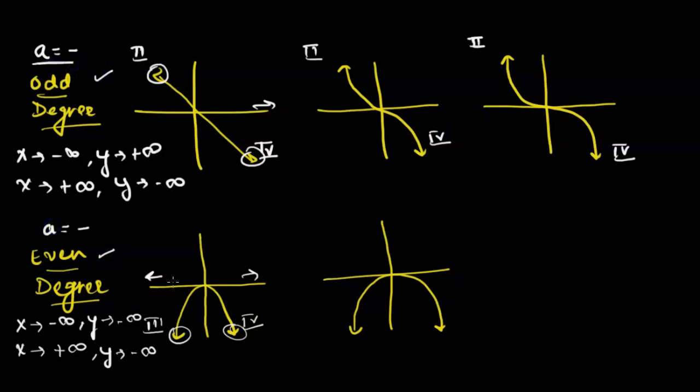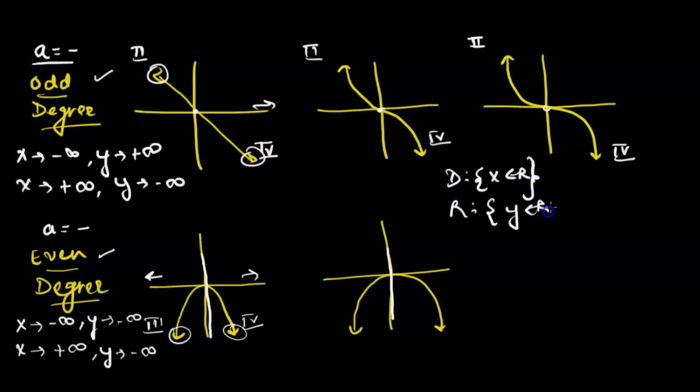We would also see similarities among their domain and range and their symmetry. So here we would see odd symmetry because it's symmetrical about the origin. Here we would see even symmetry because it's symmetrical about the y-axis. Domain, when it comes to odd degree, is x ∈ ℝ because there is no limit on the x value. Range is y ∈ ℝ as there is no limit on the y value as well.